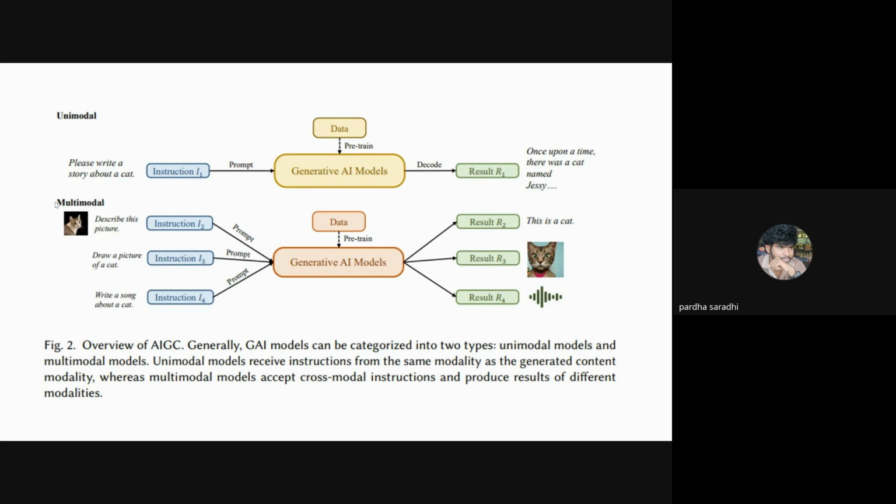The appropriate information at the input end can excite the system, and it can provide the response in the required form. It will ask whether you want the information in textual form, image form, or video form. This is a multimodal system.